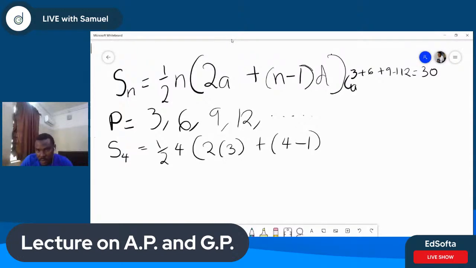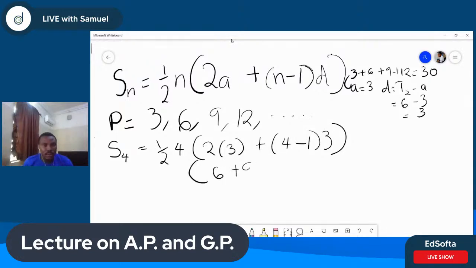Our A is what? 3. And our D will be what? T2 minus A, which is 6 minus 3, which is 3. So we have D here also. If we are to do it with BODMAS, we know we have to do the brackets first. So this will be 6 plus 9.